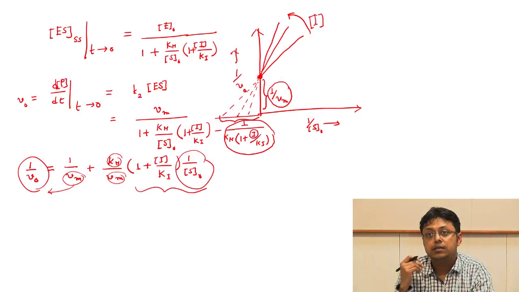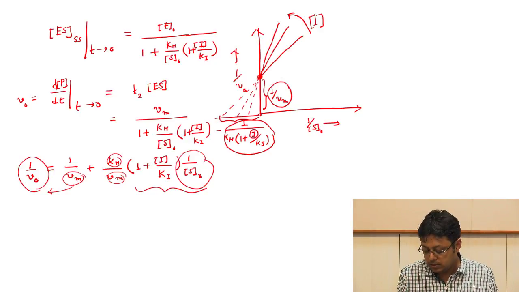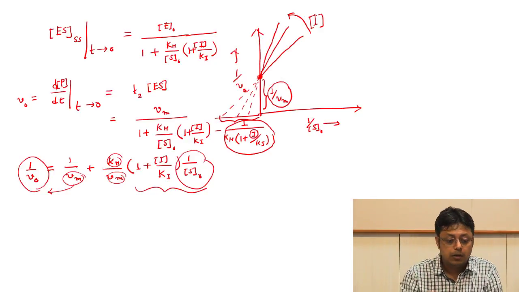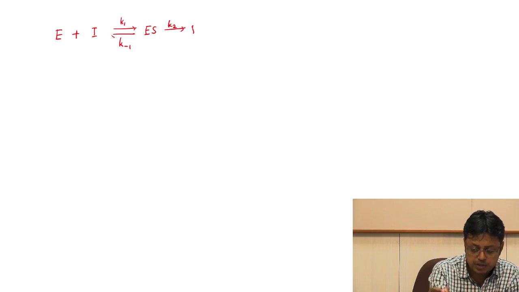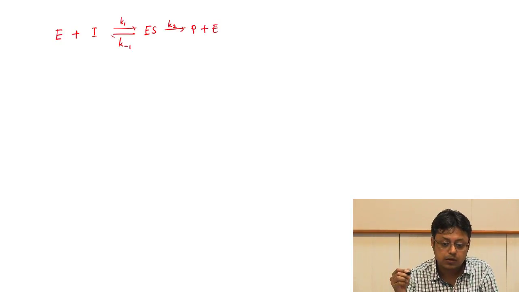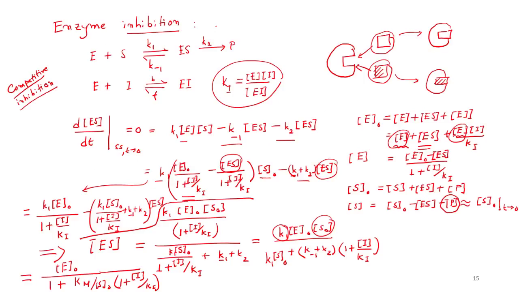Now there could be another situation which we call non-competitive inhibition, and there another interesting thing happens. You have enzyme plus substrate that, as before, are in equilibrium with the enzyme substrate complex, which forms the product plus the enzyme back. Here also, just remember the enzyme will be back.